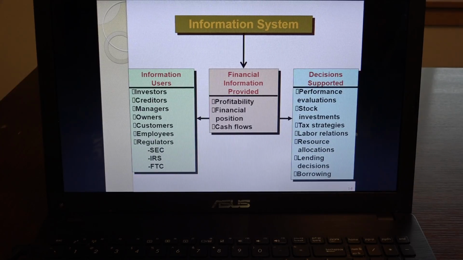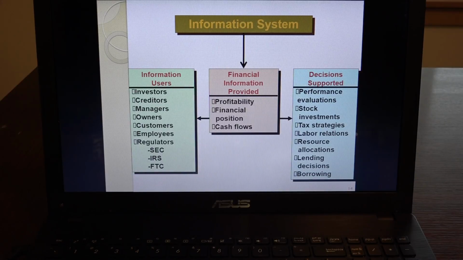Accounting is information. Mostly it's numbers, not always. For financial accounting, everything revolves around the numbers. But the numbers don't tell the complete story.